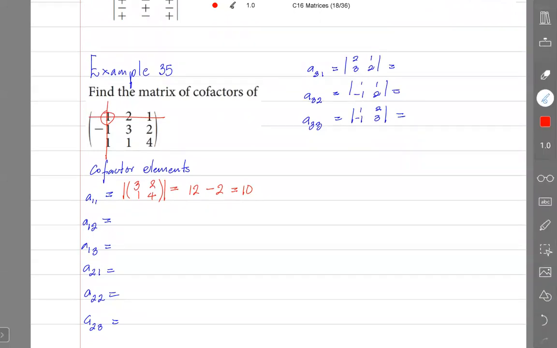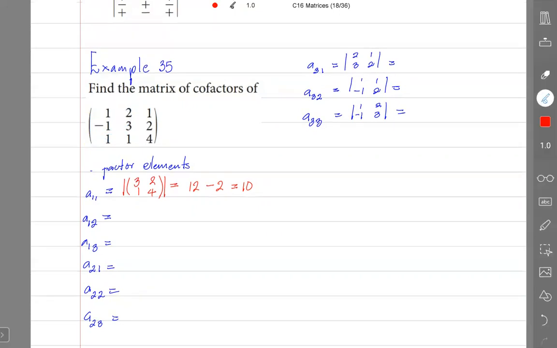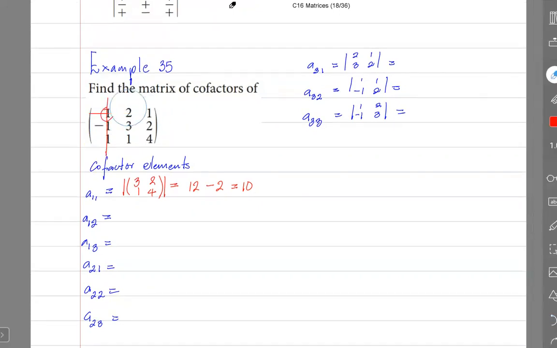Let's find the cofactor of the 2, the element in the first row, second column. It's going to be the determinant of [minus 1, 1; 2, 4].